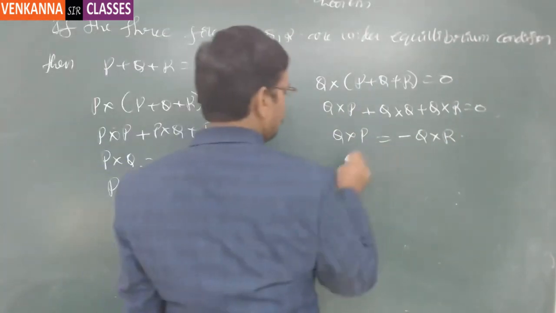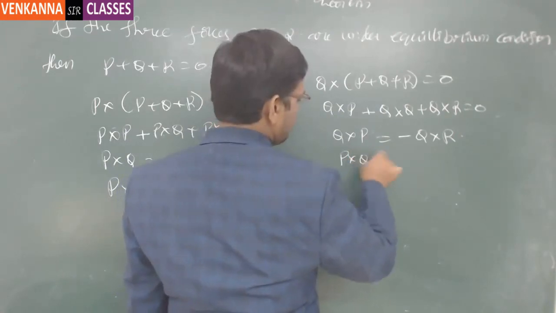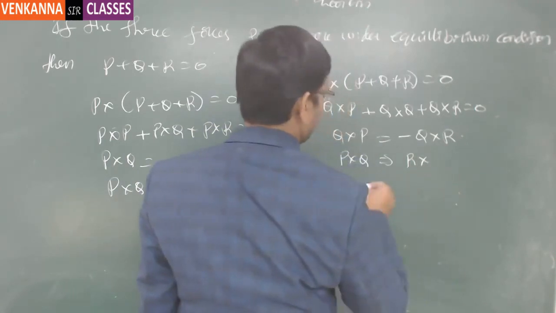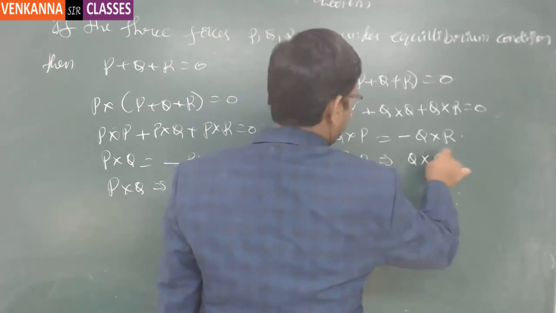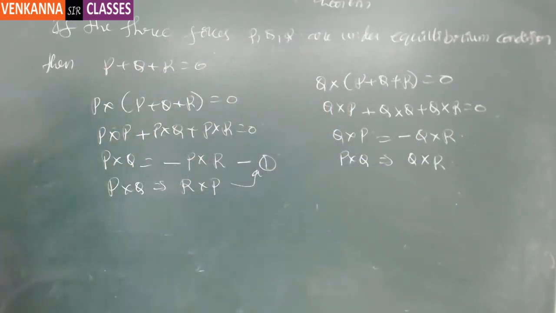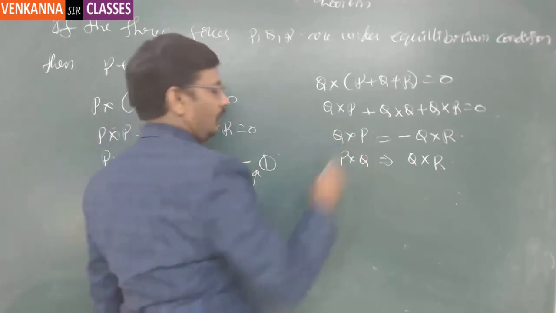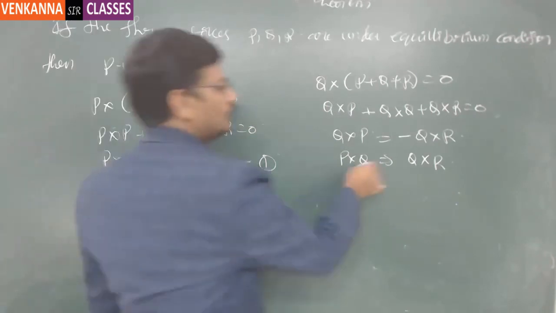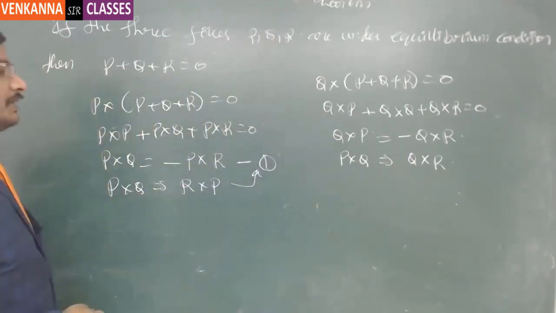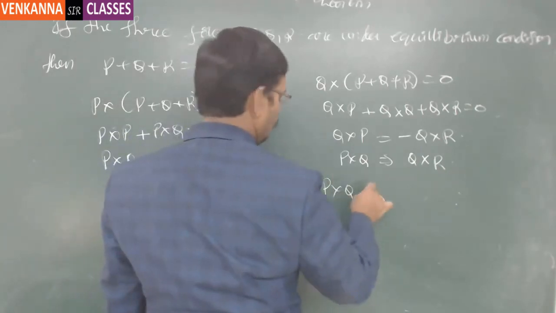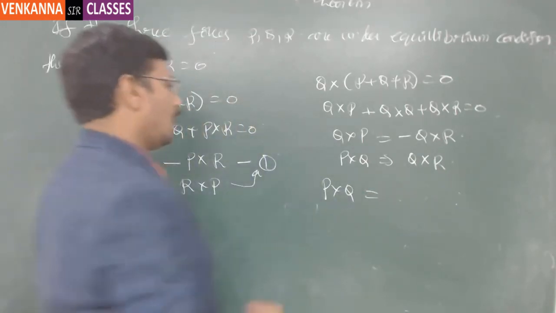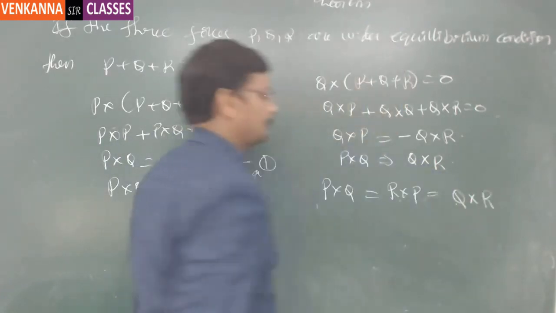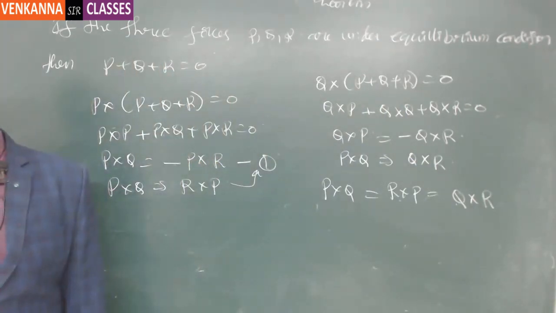So P cross Q is equal to, sorry, Q cross R. Yeah. So P cross Q is equal to Q cross R. So I have taken the sign opposite. From the first, P cross Q is equal to R cross P, and here P cross Q is equal to Q cross R. So from all the three relations you can write P cross Q is equal to R cross P is equal to Q cross R. Right? This is how you can write it.